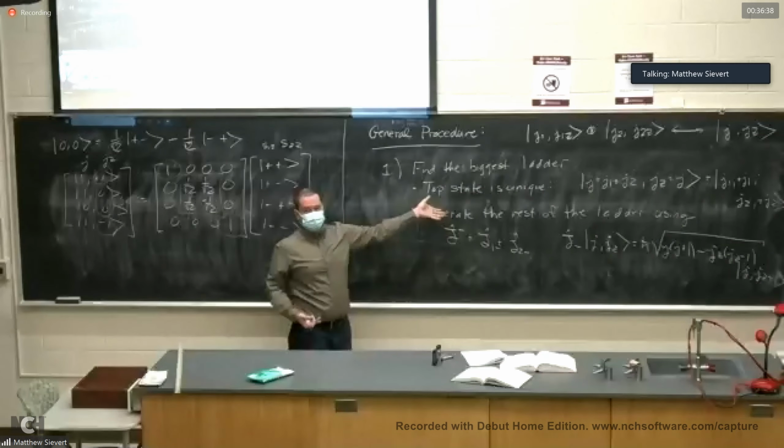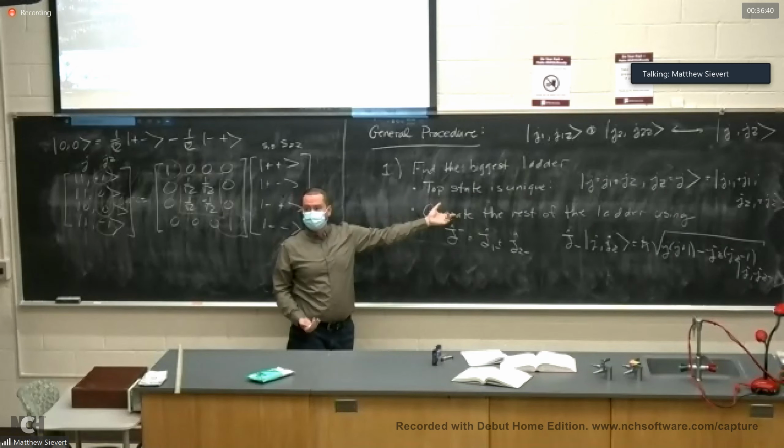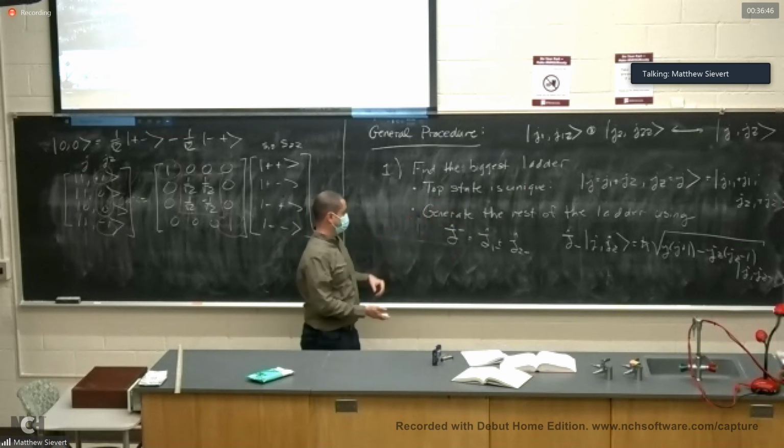You can repeat this to generate the entire ladder by brute force, or you can shortcut and only calculate half of it and immediately infer the lower half of the ladder with parity.